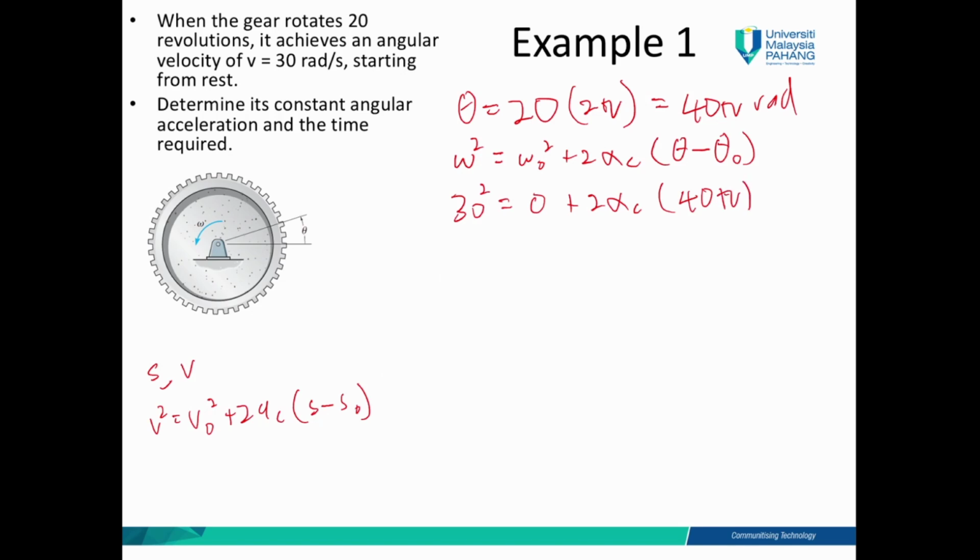Right, now solving for alpha c, you should get 3.581 radian per second squared.